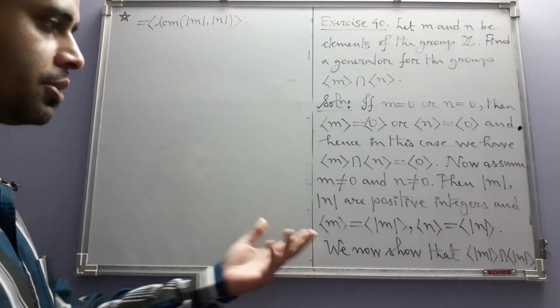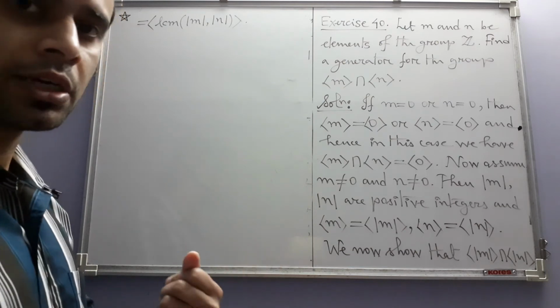Because we are dealing with positive integers, the least common multiple exists.